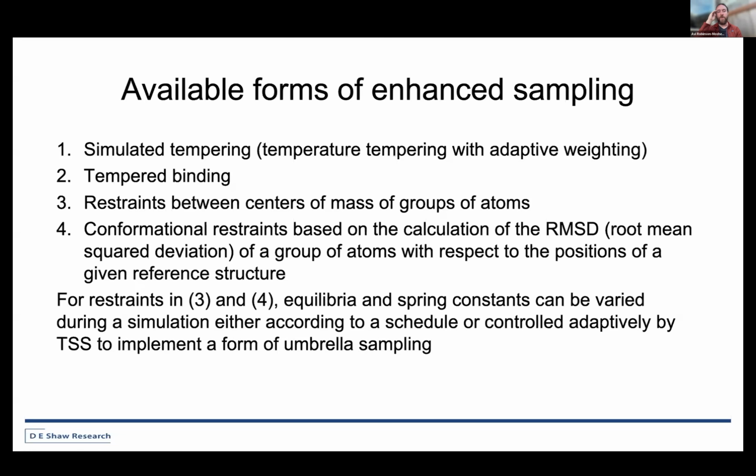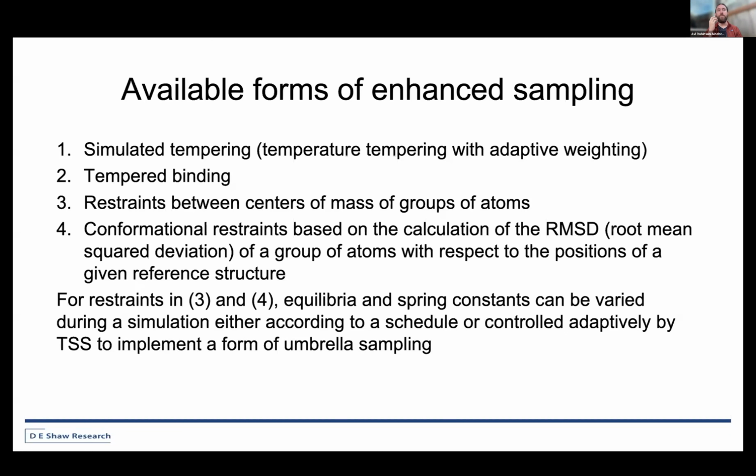We also support conformational restraints for the RMSD to some target structure for a group of atoms. That could be something like, let's say you have a protein loop that you know can sample two different conformations, and you could have a restraint to one of the loop conformations as your initial rung in TSS, and then say, along the course of our TSS schedule, we want to increase the distance to that conformation, and have the other loop conformation as the other end of the schedule, decreasing the distance to that conformation, and that could let you explore loop transitions.